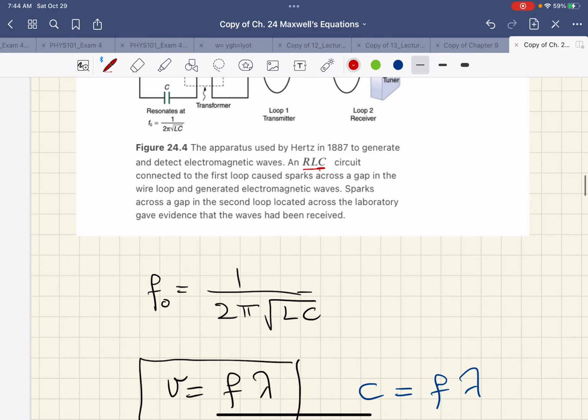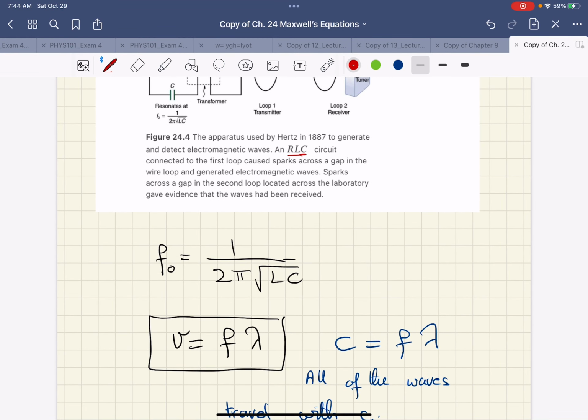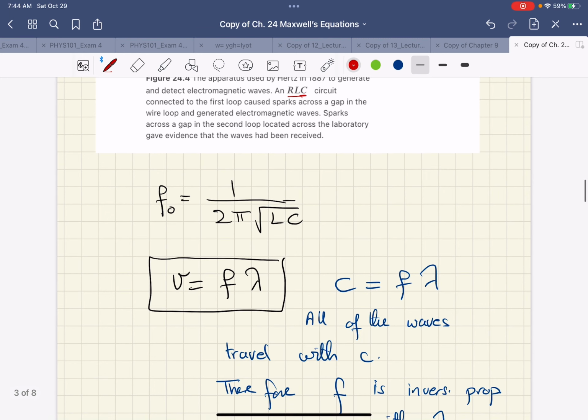This circuit resonates at a frequency of 1 over 2 pi square root of L over C, and we know that V equals F times the wavelength. F stands for frequency, measured in hertz, and lambda is wavelength in meters.